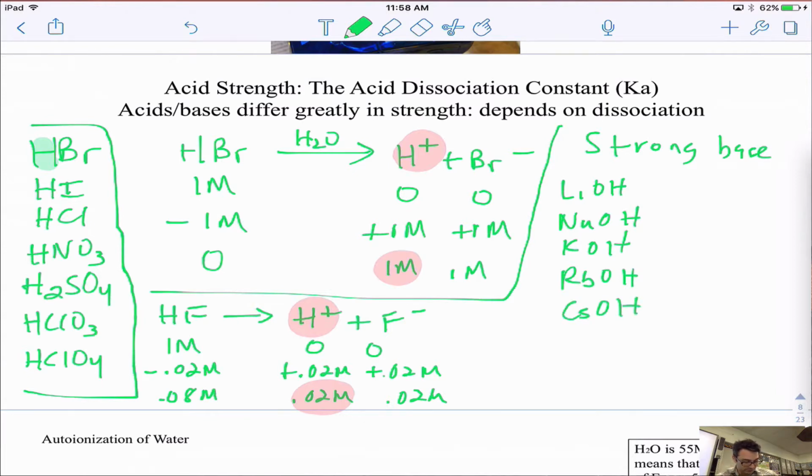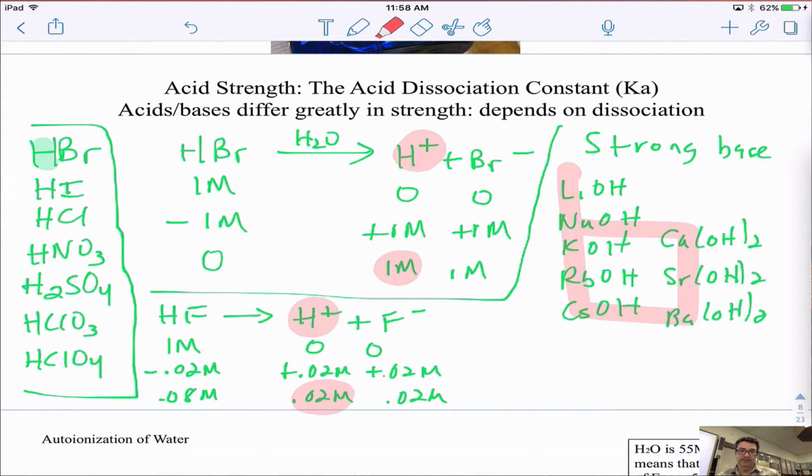And for group 2, starting with calcium hydroxide, strontium hydroxide, and barium hydroxide. A good way to remember these, I don't have a Brickle, no, so, clo, but a good way to remember is that on the periodic table, the elements form a lowercase b, so it's group 1 and group 2. So these are our strong bases.